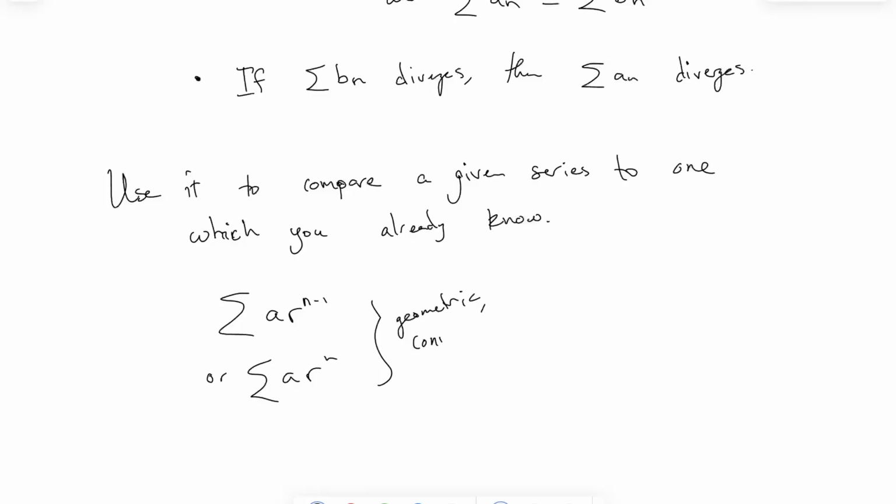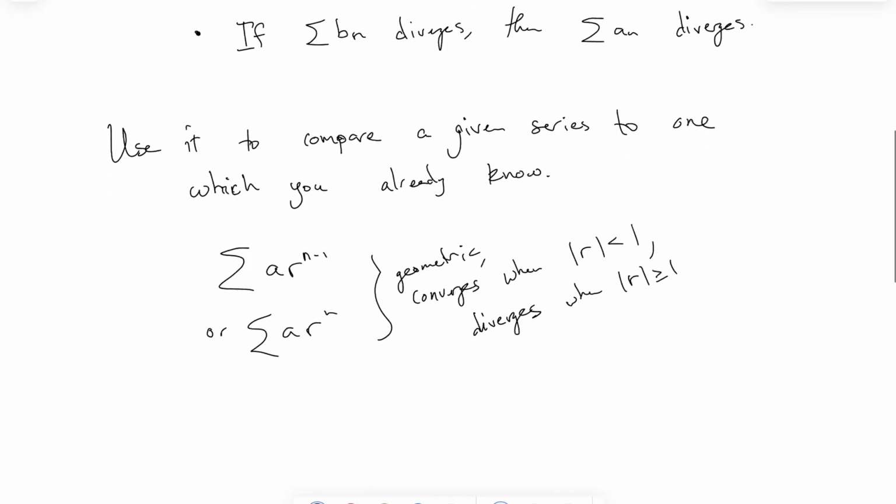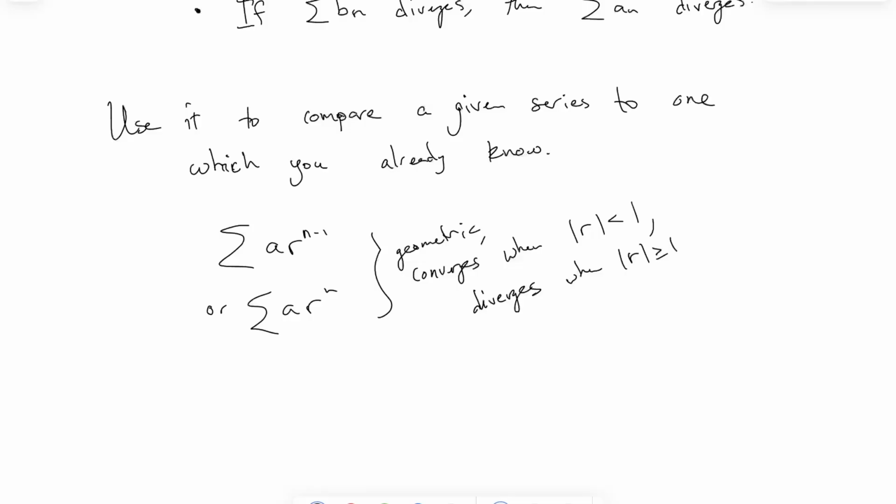And this converges, I hope everybody remembers, when absolute value r is less than 1. And it diverges otherwise. That is absolute value r greater or equal to 1, right? That's the geometric series. And these we talked about last week, and you worked with these on the homework and I suppose on the quiz.